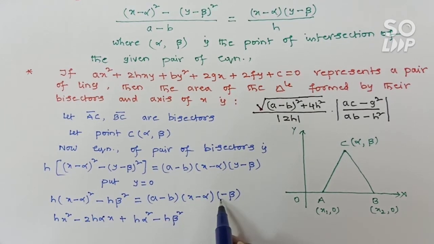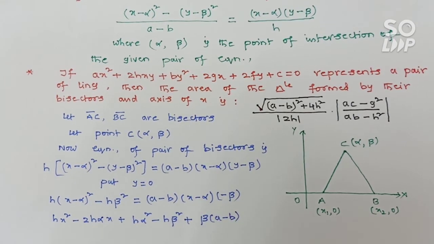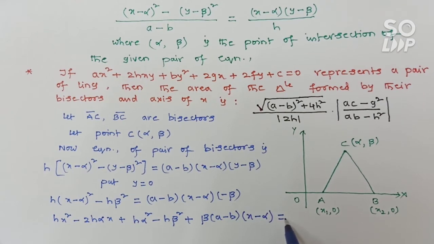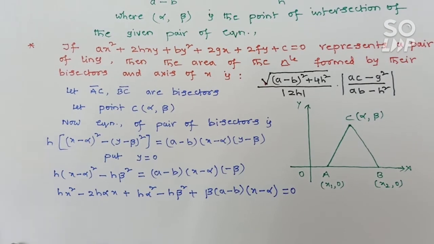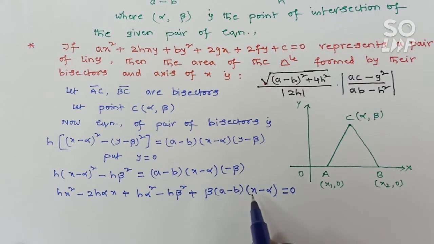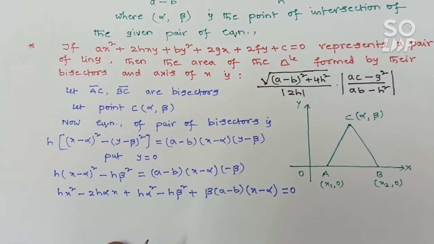This one you get to the left hand side, plus beta into (a minus b) into (x minus alpha) is equal to 0. Right? Now you simplify. Again here is x minus alpha into this value.